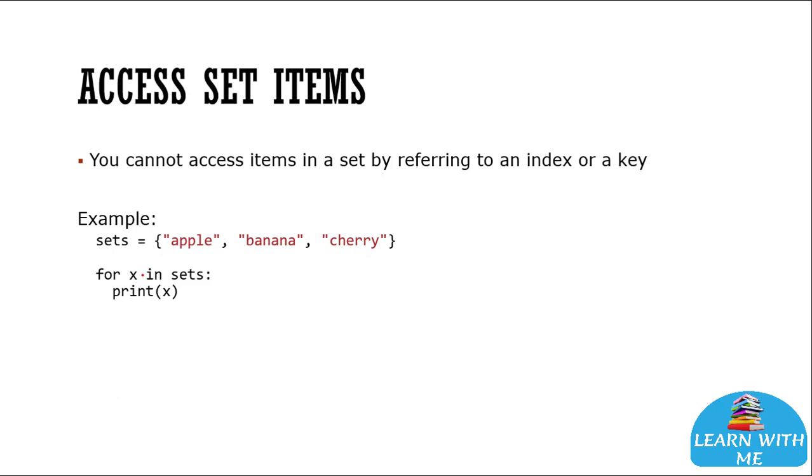In this example, we have sets which hold some fruits, and we use a for loop. x is a temporary variable. When we print, we get apple, then banana, and then cherry.